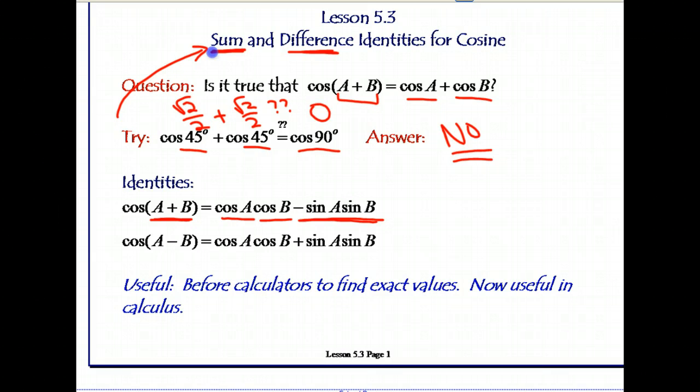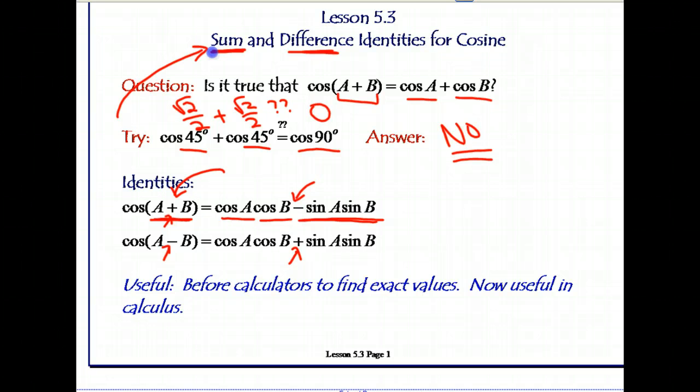The second part is minus the sine of the first times the sine of the second. So it's a little bit of a complicated formula, but not too bad. Cosine of A plus B is cosine cosine minus sine sine. Notice there's a plus here, and the opposite sign there. Same thing for the subtraction one: cosine of A minus B goes cosine cosine, and now it goes plus sine sine.